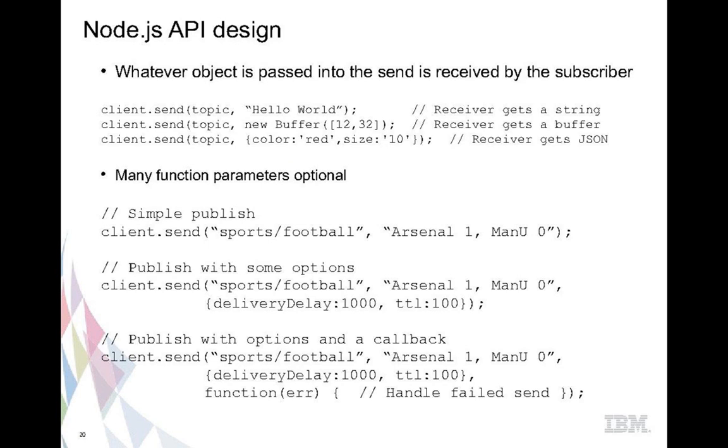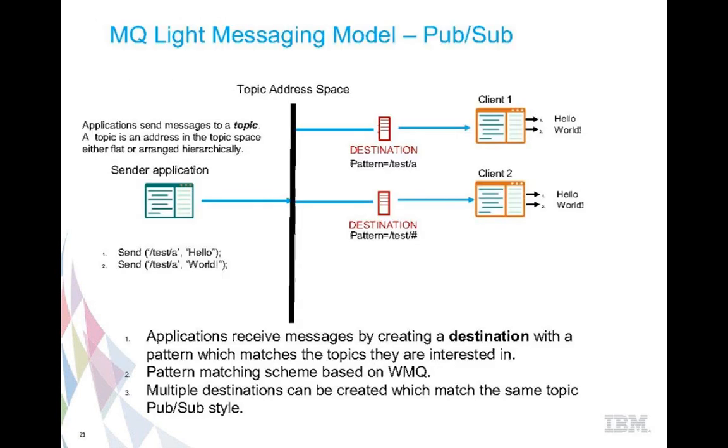MQLite messaging model for the PubSub: applications send messages to a topic, and the topic is an address in the topic space, either flat or arranged hierarchically. So it can be just one single topic, or you can have a hierarchy of the topic structure. And then you have a destination.